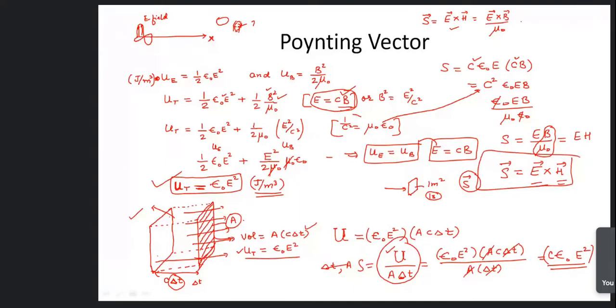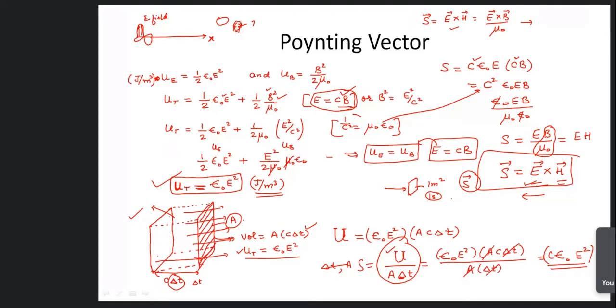As we said, the direction is the same as that of the propagation of the electromagnetic wave, so to get that direction, we write it as E cross H. If I write H cross E, you will get the direction opposite to the propagation of the electromagnetic wave.